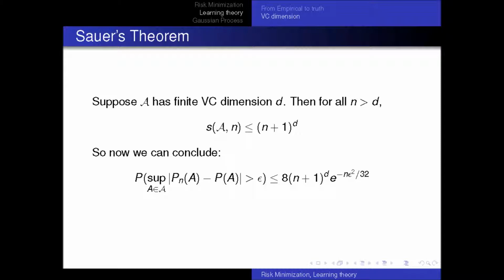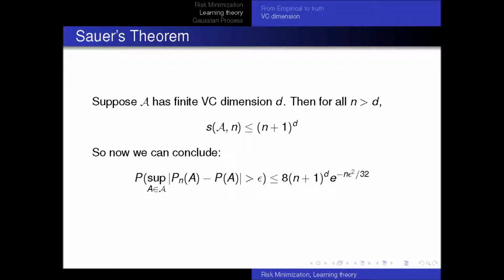So 1, 2, 3 points are very easy to examine. They can be shattered by this thing. Now the 4 points. You need to enumerate all the possible classes of the 4 points. So it's going to be 2 to the 4 labelings, assigning labels to the 4 points.